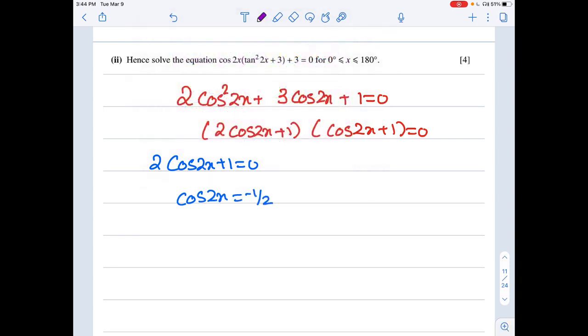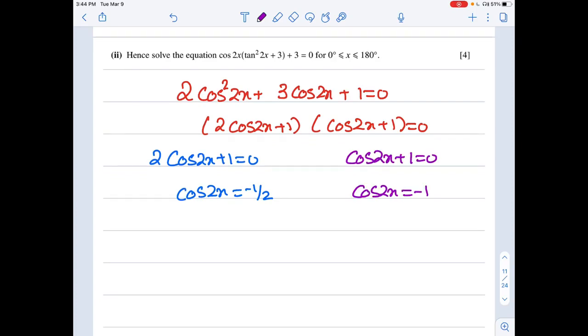Another value I'll be getting is cos 2x plus 1 is equal to 0, so cos 2x is equal to minus 1. So over here 2x is equal to cos inverse minus 1, so 2x is equal to pi. I want only one value between 0 and 180 degrees, so x is equal to pi by 2.